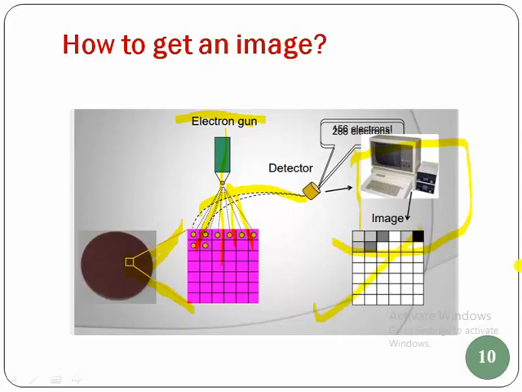It's very clear from this picture. You first have to apply the electrons, which come from the instrument. We will see the instrumentation part in the next lecture, so you must see my next lecture. For the instrumentation part, it will become clear how to get an image.